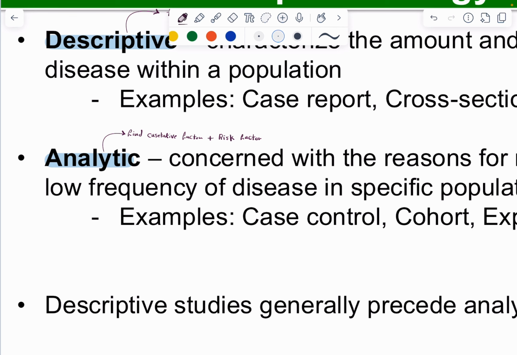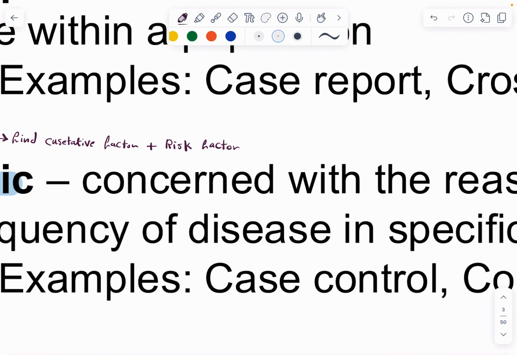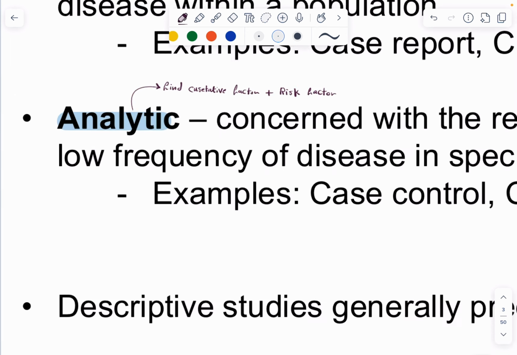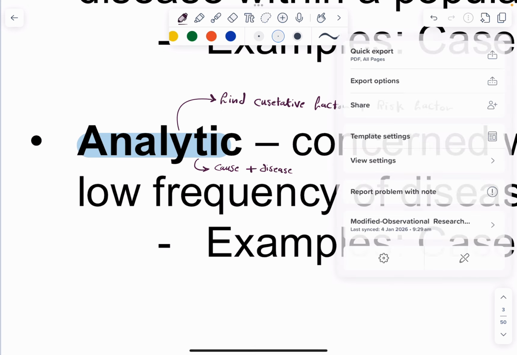Or just forget about the end: starting from a positive agent till the disease is developed, which risk factor is leading to which disease? That is a causal relationship. So by analytical studies we establish a causal relationship between the cause and the disease. Now we know where it starts and where it ends, in other words, what is the cause and what is the outcome. So yeah, this is important.